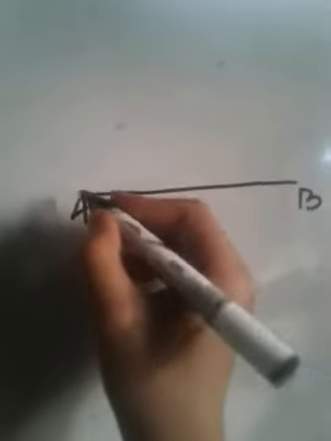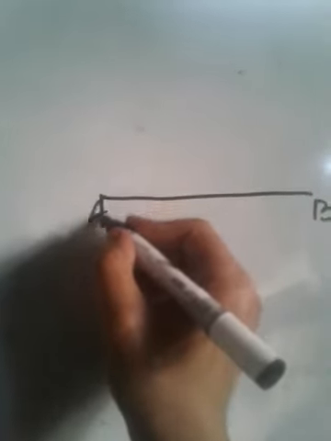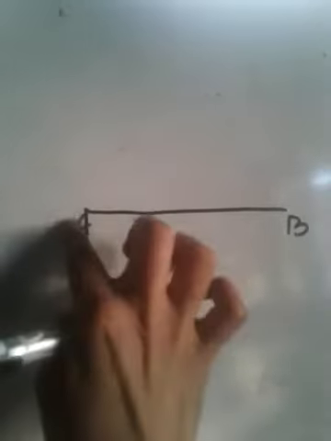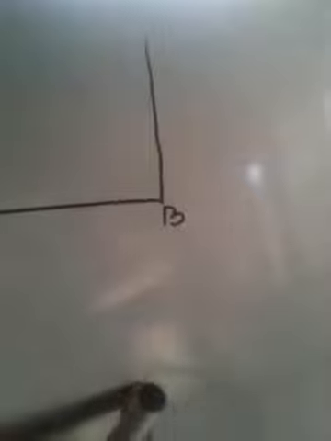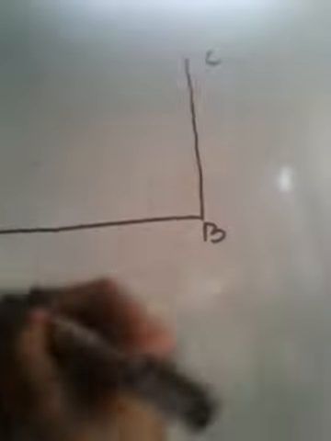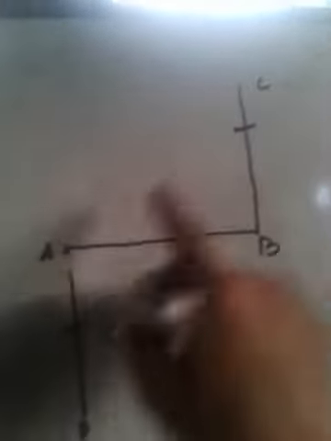AD and BC are equal perpendiculars to the line segment AB. Show that CD bisects AB. So what we are given: this is your AB, and here we have equal perpendiculars AD and BC on line segment AB.